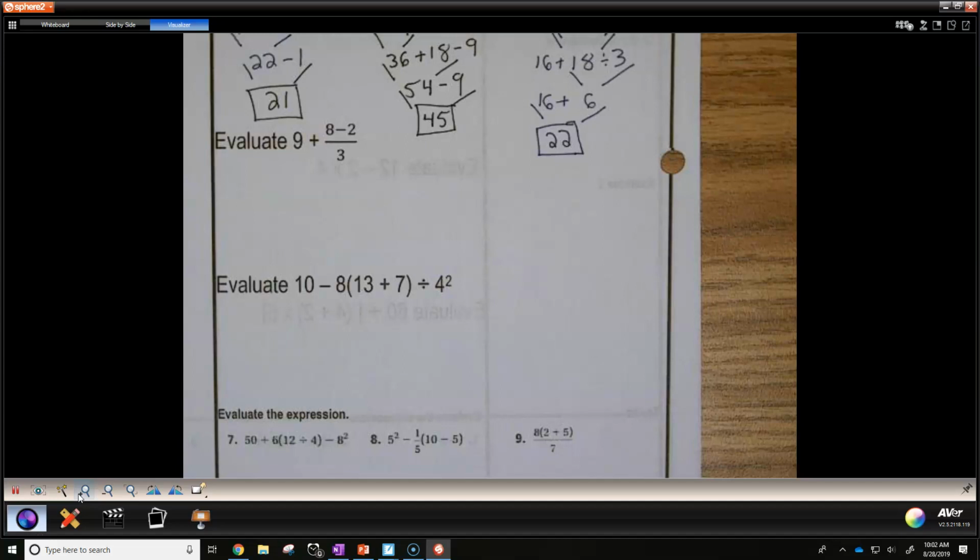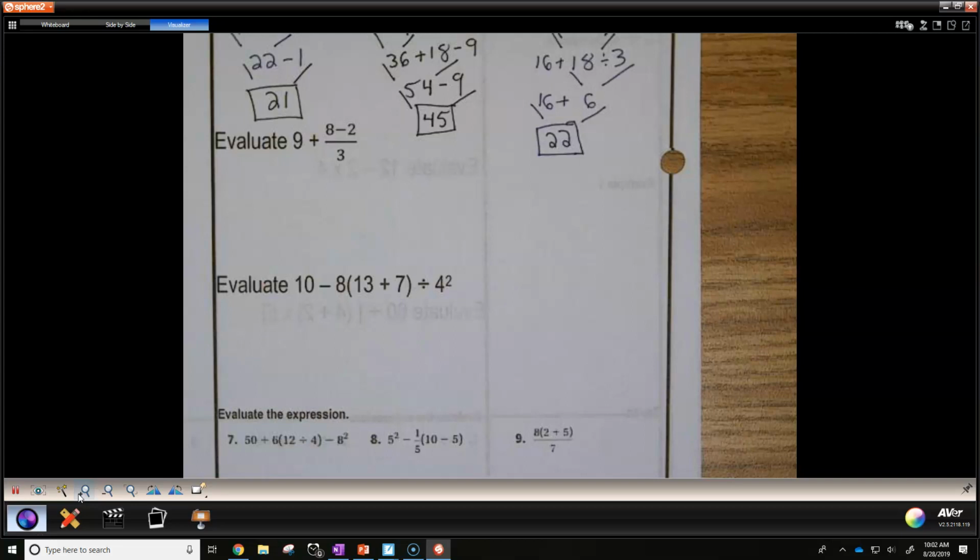Alright, what does a fraction mean to do? What operation is a fraction? Does it represent addition, subtraction, multiplication, or division? It represents division. I'm going to write on my board real quick.